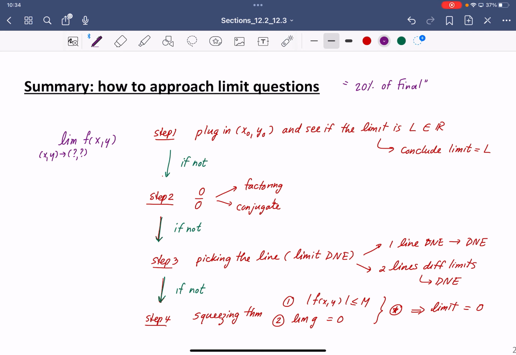Okay, so we're going to practice a little bit. Let me show you how to get the limit question in two dimensions. Let's try to do a hard question together. You jot down this one first. This is the summary for the limit question.